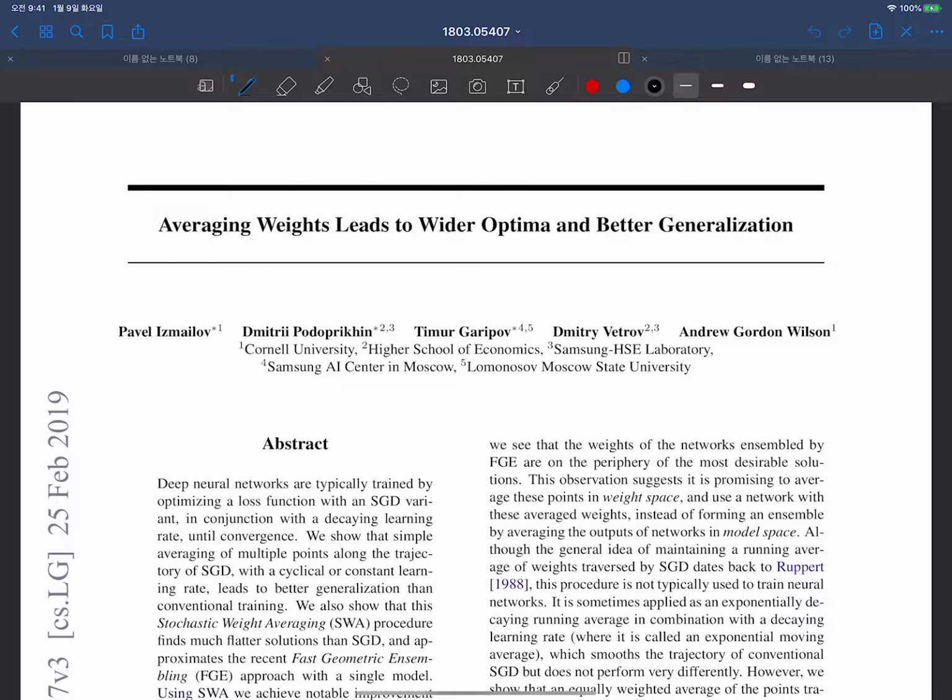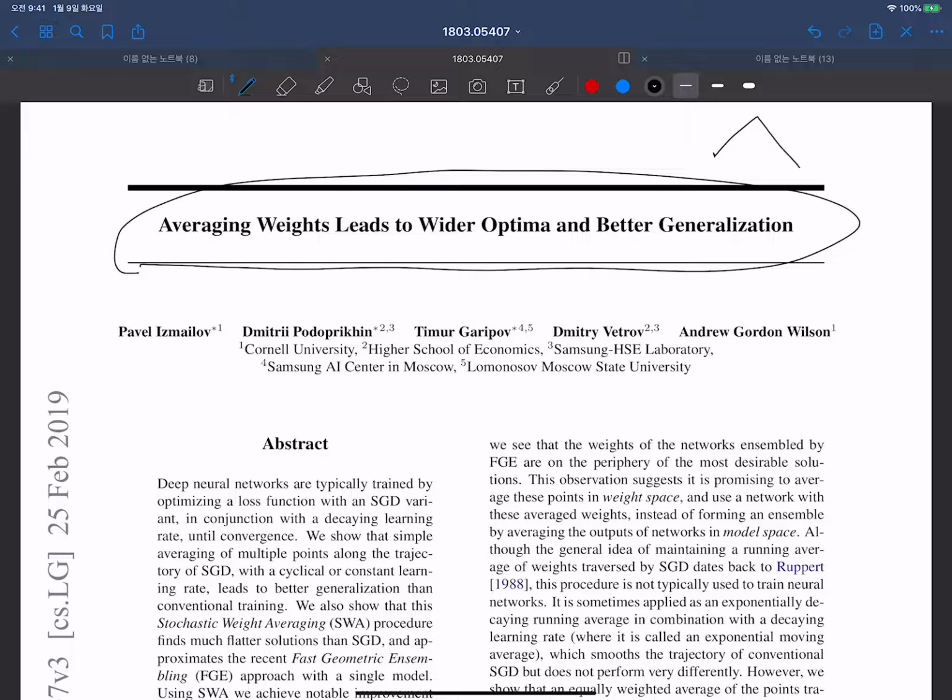This paper is about that: averaging weights leads to wider optima and better generalization. The main idea is that when you have this kind of SGD trajectory, do not take the last time parameter, but take the average of the last few trajectory points.